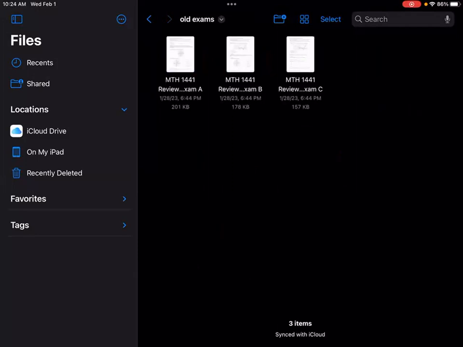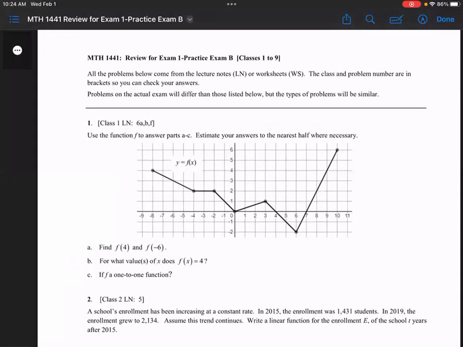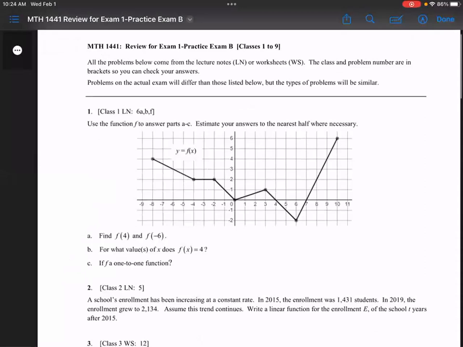I'll mark the problems you should be focusing on. For version B, I want you to focus on number 1.